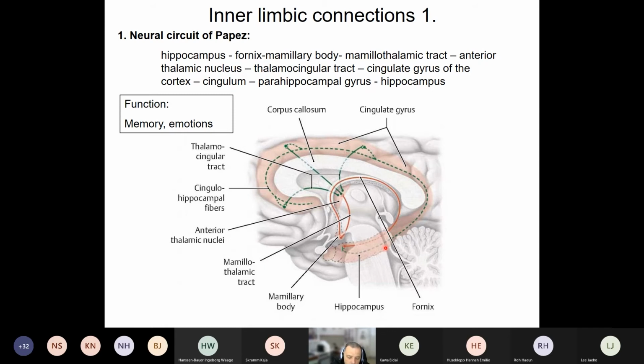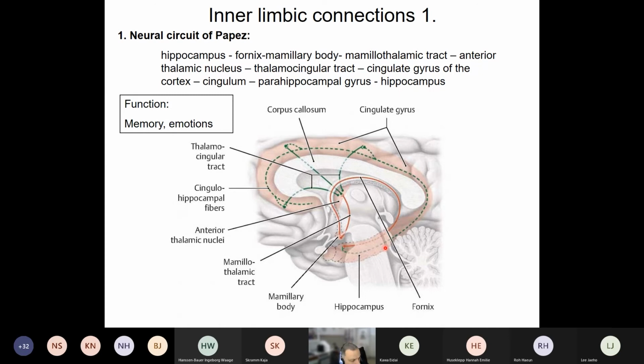So one could say, what kind of sense does it make if something is like a circle, it returns? The rationale of this is that if a signal enters this system, and if you want to make this a memory, and if you want to remember something, and if you repeat this information multiple times, or it is loaded stronger by emotions, then the information will run many more circles in this system, and then there is an opportunity to rearrange the synapses through plasticity.